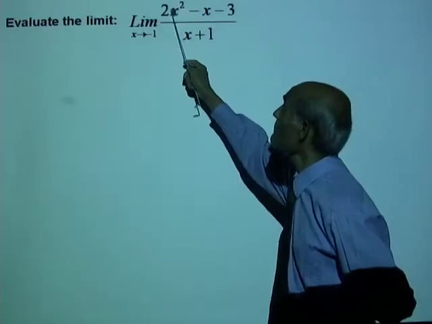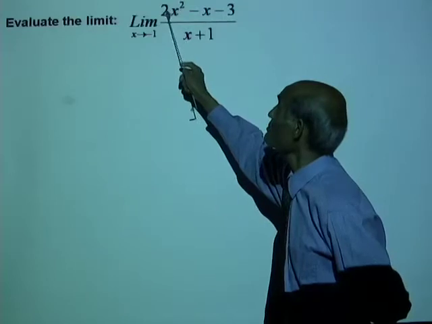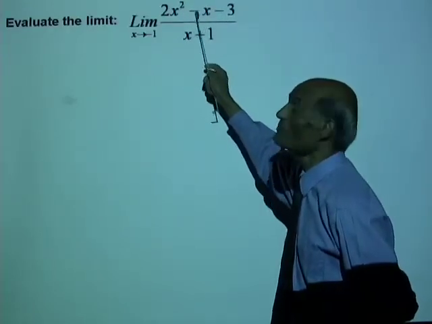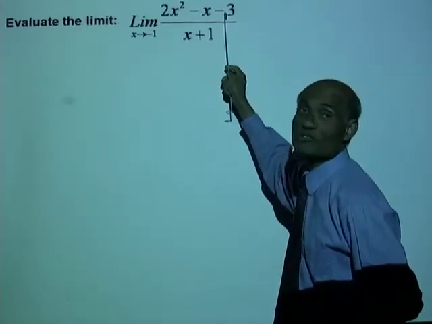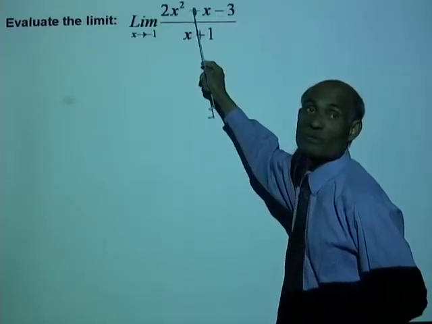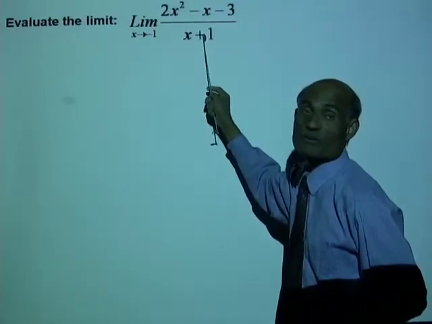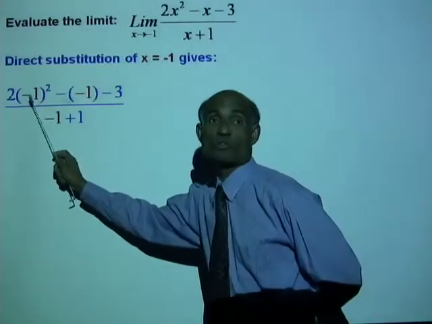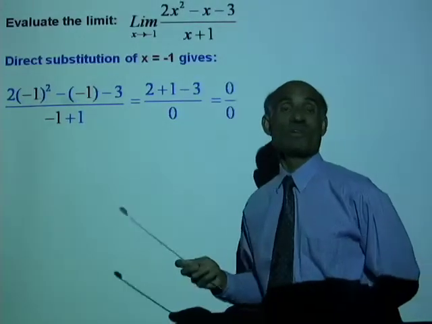The numerator: negative 1 squared is positive 1, 2 times 1 is 2, and minus negative 1 is positive 1. 2 plus 1 is 3, and 3 minus 3 is 0. So the numerator becomes 0. With x replaced by negative 1, the denominator is also 0.